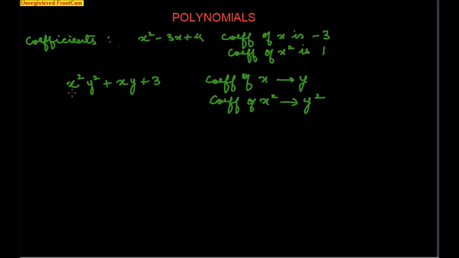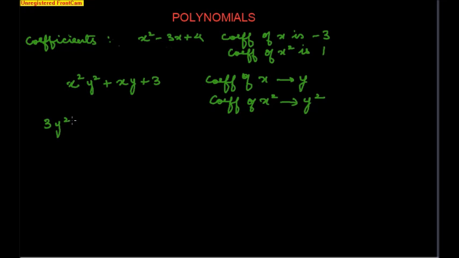If you can see in this term, apart from x square we have y square, which becomes the coefficient of x square. And here y is another variable apart from x, so y becomes the coefficient of x. If I ask you in the same question the coefficient of y, then x is the coefficient of y and the coefficient of y square is x square.